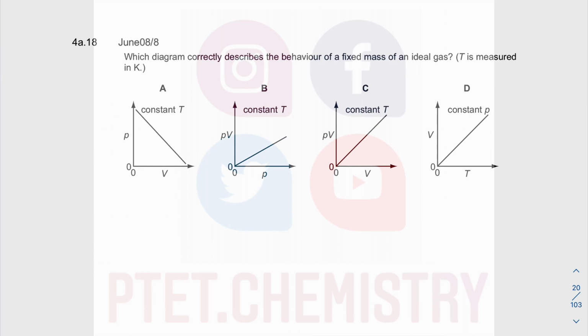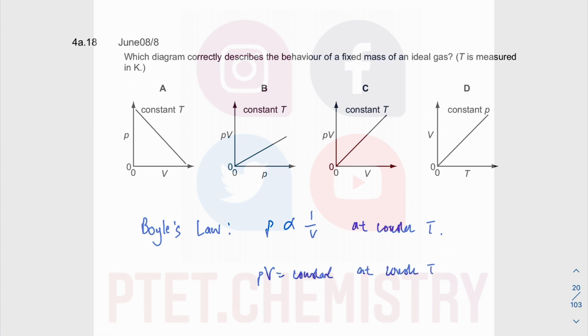So next bit is about the gas laws again. They don't tell you what is constant, except that you know Boyle's law. Boyle's law says pressure is inversely proportional to the volume of a gas, at constant T. So PV equals a constant at constant temperature.